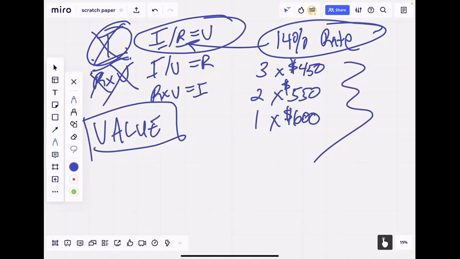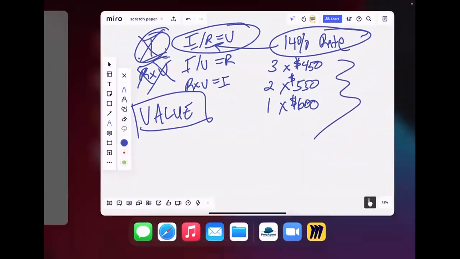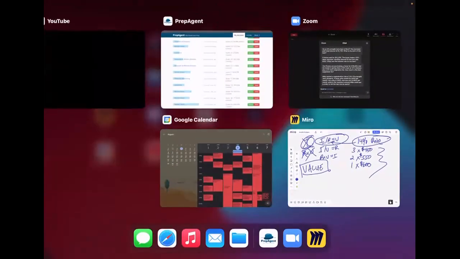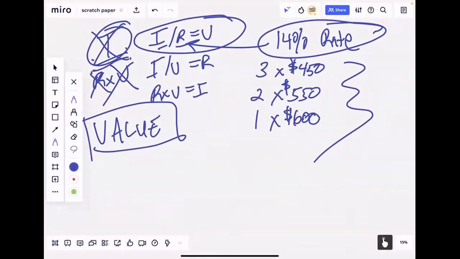With this math where it says 3 units rented for $450 per month, do you take that as each unit is $450 or all 3 together are $450? So the question read, as you wrote it to me, 3 units rented for $450 per month. Because it's saying 3 units, I'm assuming that each one rented at that amount. That's kind of what I was going with too.